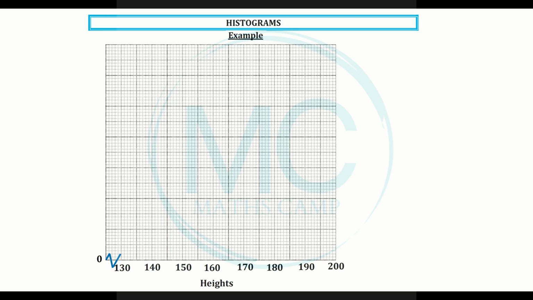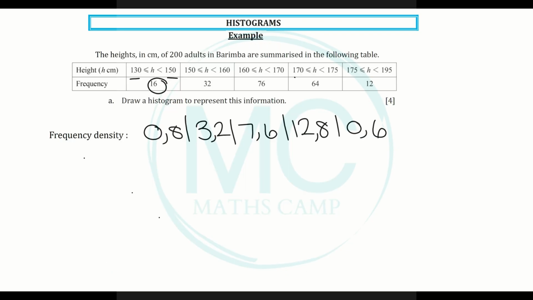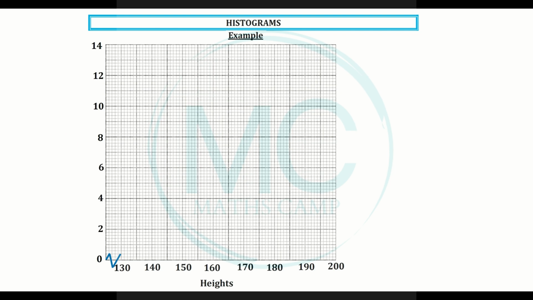Now we can look at our y-axis. Our y-axis considers frequency density, and we know that we are considering frequency densities between 0.6 and 12.8. So I'm going to label my y-axis from 0 to 14. Don't forget to put in your label. So over here, I can say frequency density.